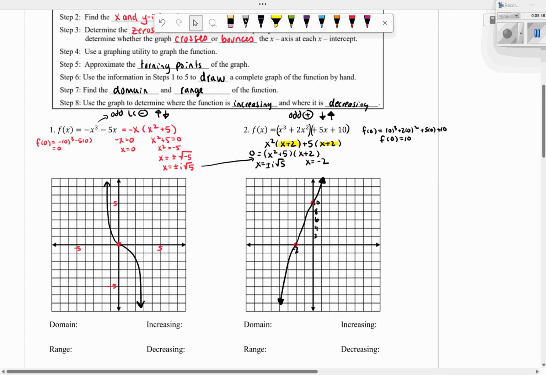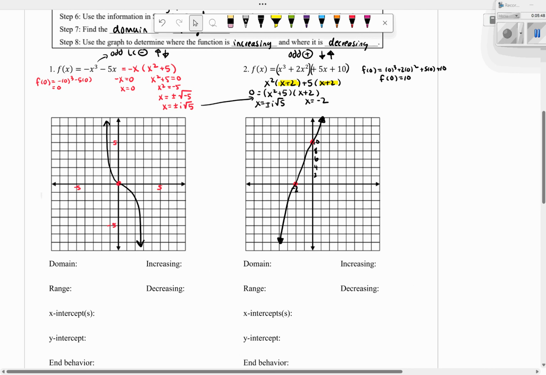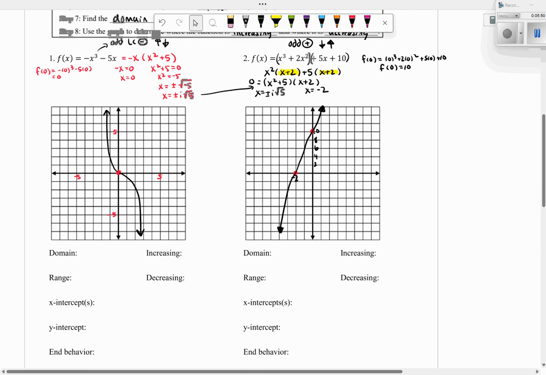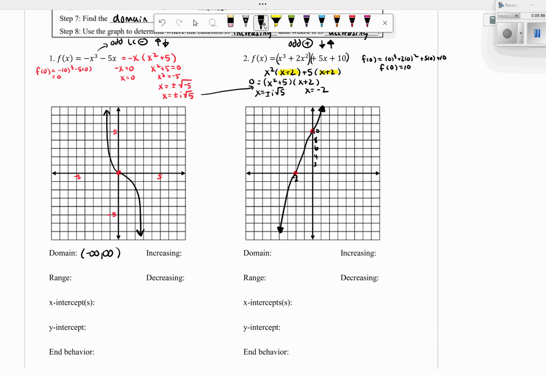So looking at this first graph, now that we have it all graphed out, our domain of this, of course, we know there's no red flag, so it's all real numbers. And the range is also all real numbers. So then looking at the next part, we want to write down our intercepts, which we said were just at x equals 0, so 0, 0 for the x-intercept and 0, 0 for the y-intercept.